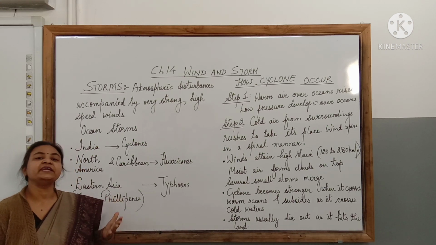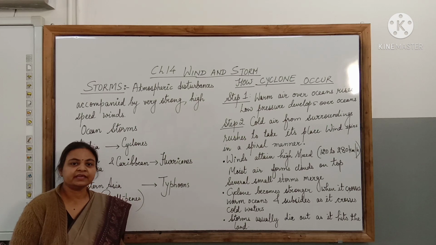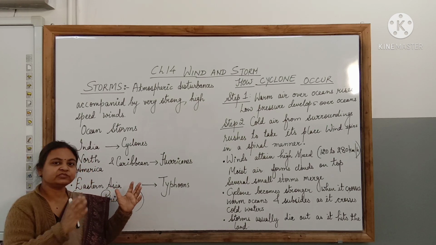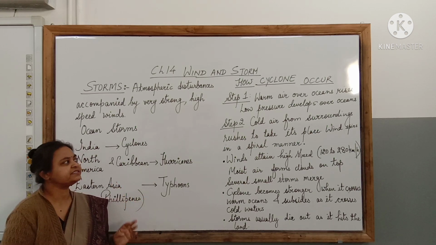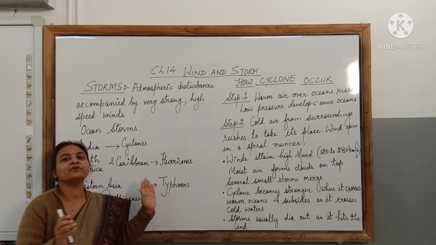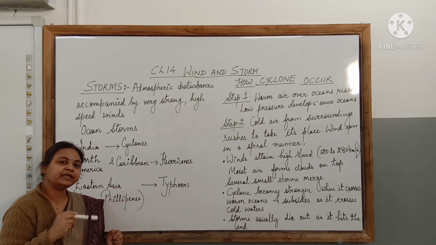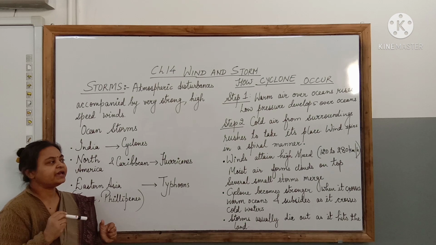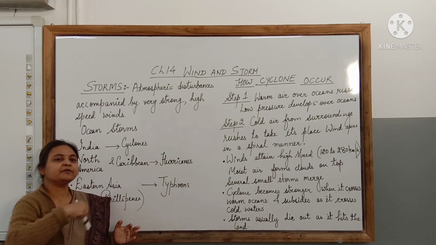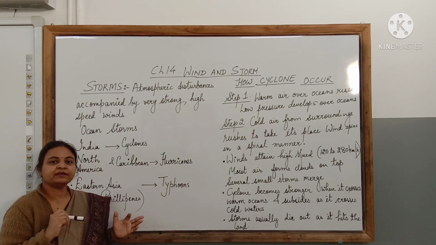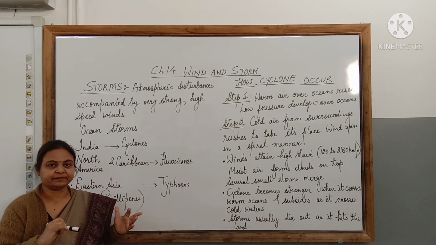As I had already explained in my previous video, wind blows from a high pressure area towards a low pressure area. Now, as the oceans have a low pressure area, the winds from the nearby land, the cold winds, rush towards that low pressure area in a spiral manner. They start circulating there, and the speed increases, and with the help of the rotation of the earth, they form a spiral shaped structure, and the wind spins at a very high speed.